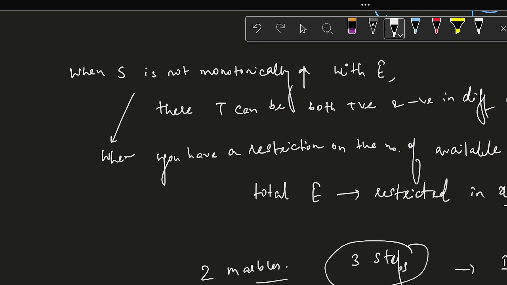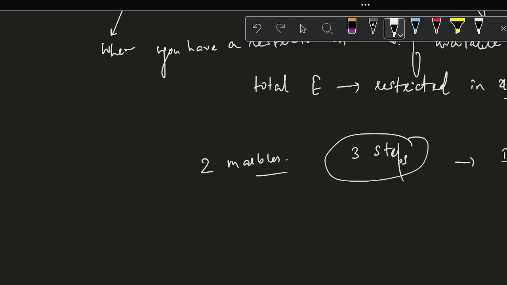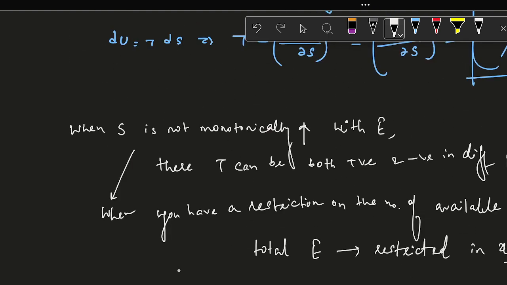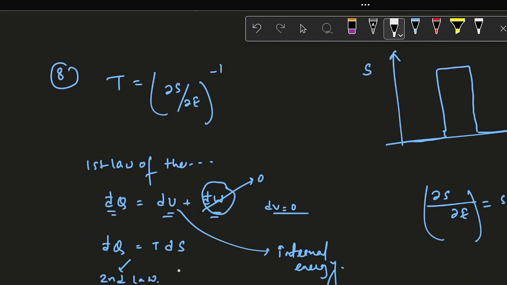And for each of the steps, in the case of the marbles example, you know that you have a potential energy going as WH, 2WH, then 3WH, dot dot dot, then it will be infinity also, because if the number of steps is itself going to infinity, then the potential energy corresponding to that step will also be infinitely increasing. There will be no bound, no restriction in that. So in that kind of an example, you will not have a case where the entropy is not monotonically increasing with energy, like this case.